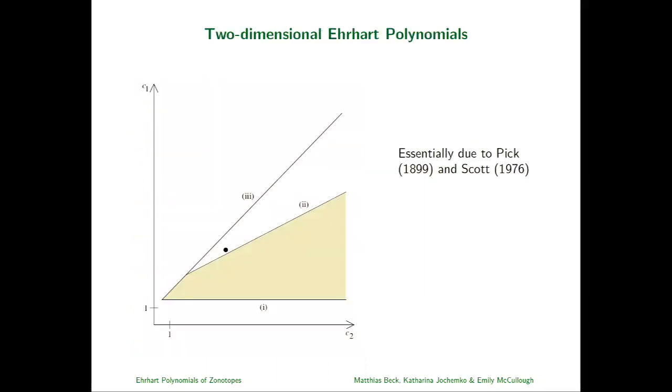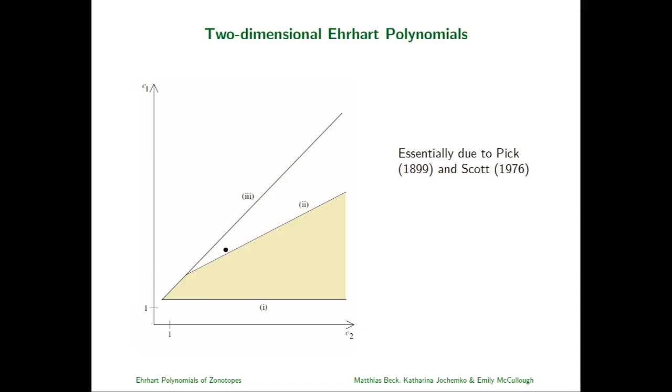What you see here is a graph of two coefficients: here's the quadratic coefficient, here's the linear coefficient, and what you see here is a picture of all possible degree 2 Ehrhart polynomials.